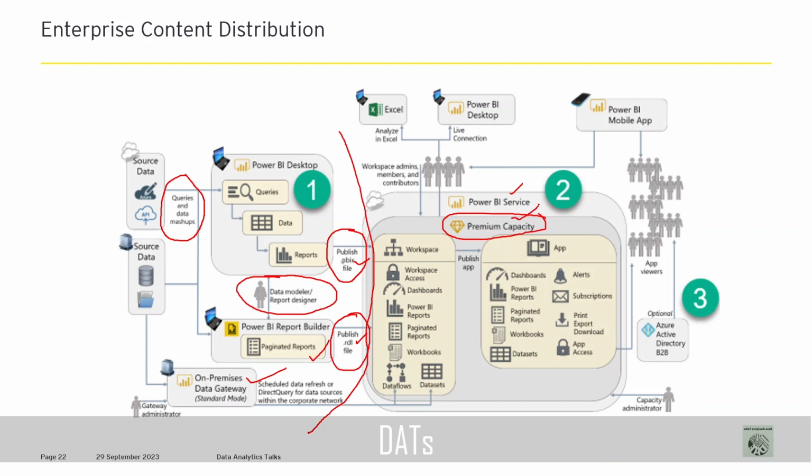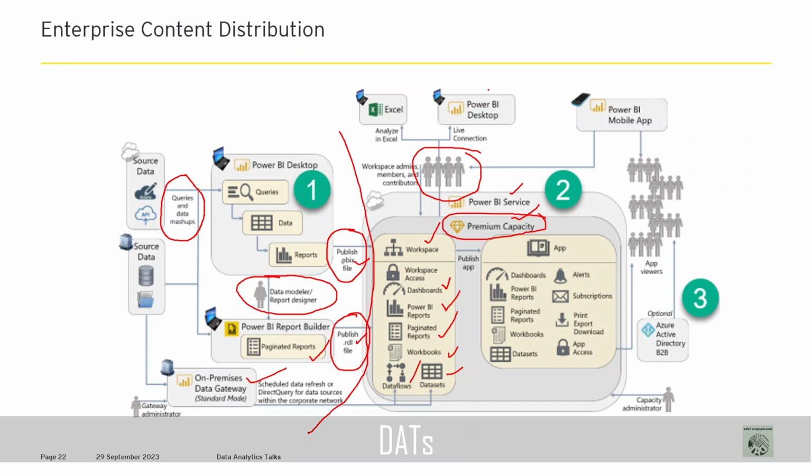Then in the workspace, we have data dashboard, Power BI reports, PageNet reports, workbook, data set, and data flows. And this Power BI workspace can be shared with the colleagues or team. They co-author reports and dashboards, again using additional Power BI desktops or Excel.